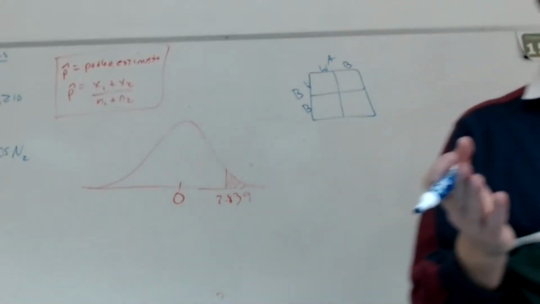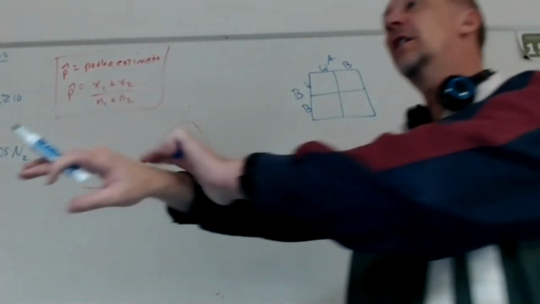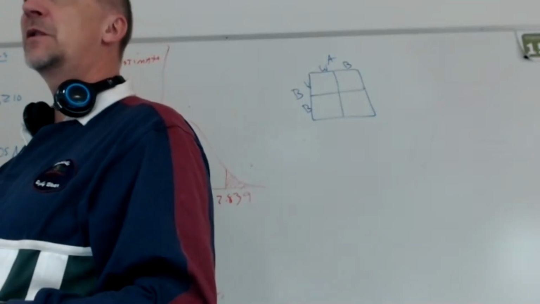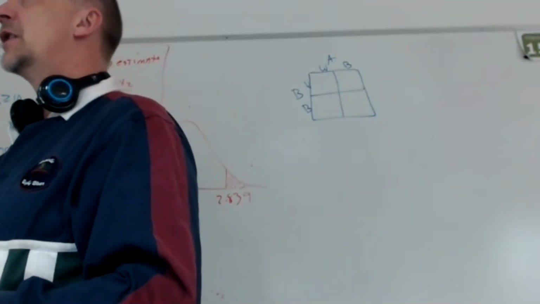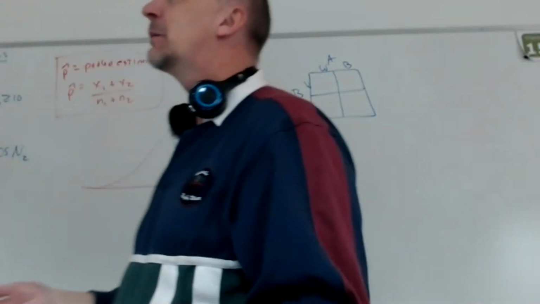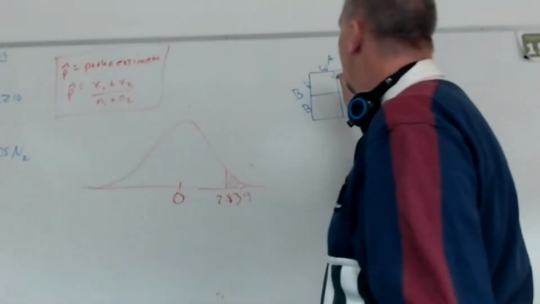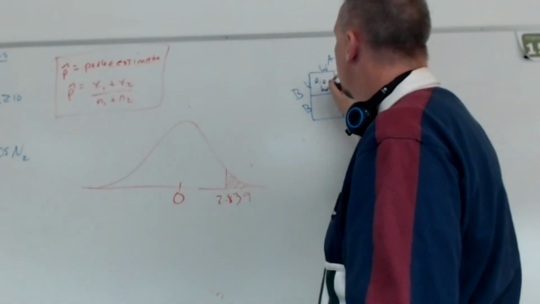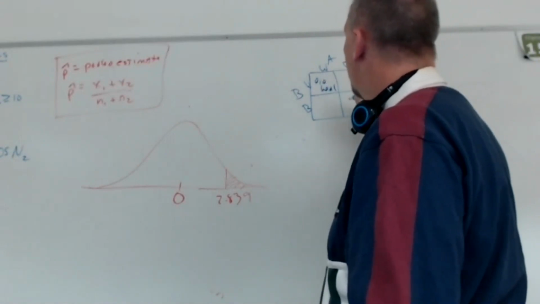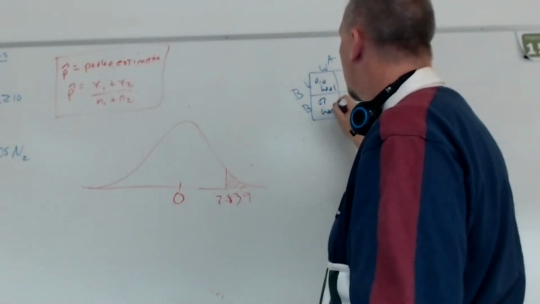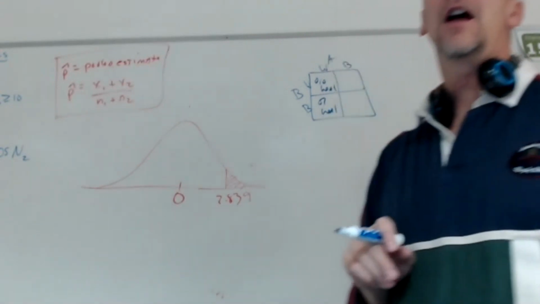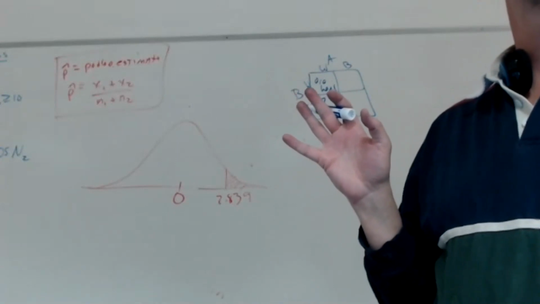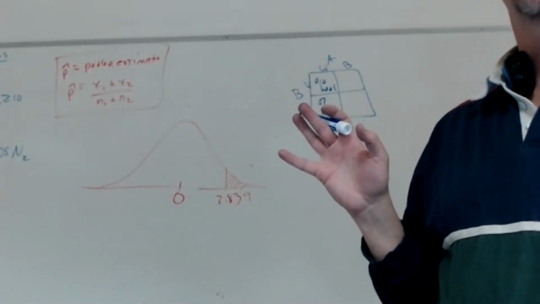Since you're the same person, you could put one lotion on one arm, the other lotion on the other arm, and see which one heals. That would be an example of a dependent proportion, because you're going to have a percent healed here and a percent healed here. But you're the same person, so it's going to be dependent, not independent.